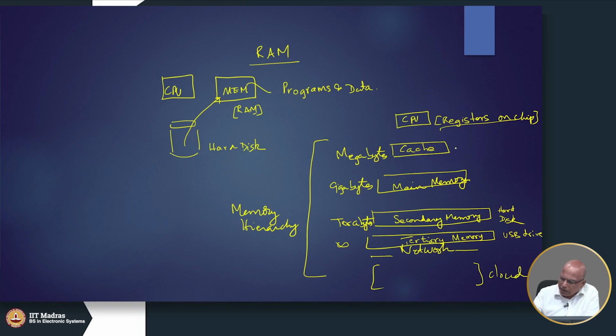The reason is cache is very expensive. So, this is usually made from SRAM. Main memory is not as expensive as cache memory, but it is still expensive, and this may be made out of DRAM or even SRAM.